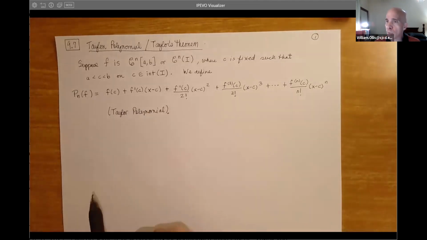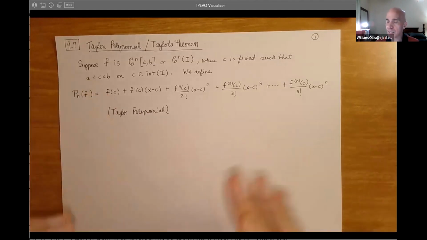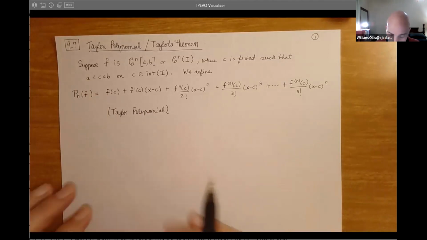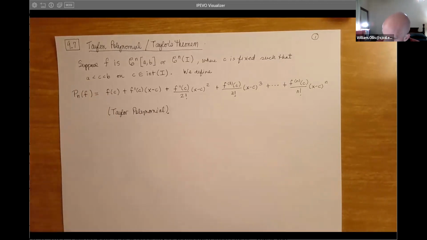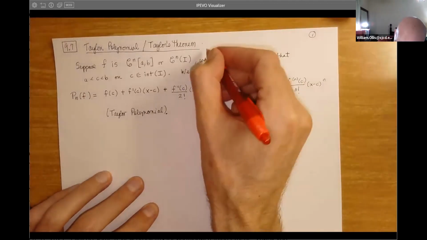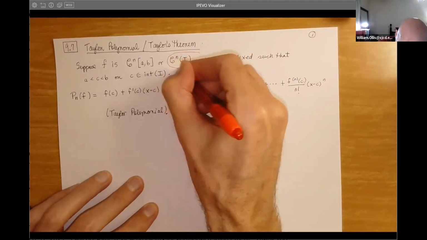We've already been working with this in the shadows, so to speak. We just never referred to it. And when we start looking at some of the computations, you're going to see that it's always been in the background.